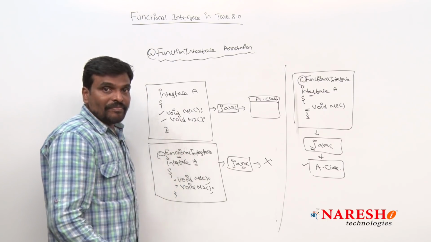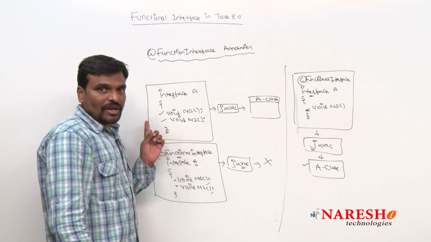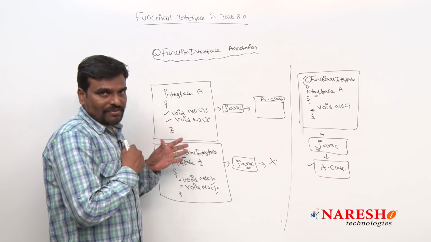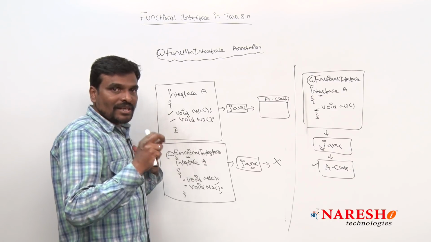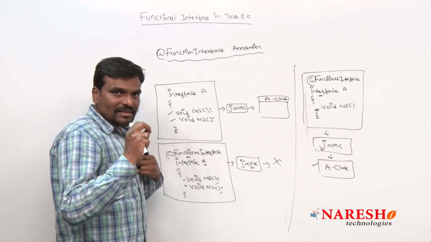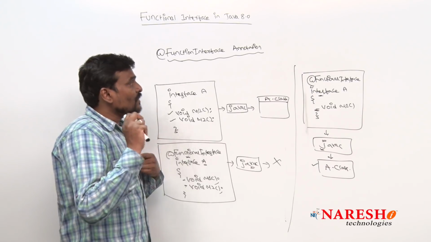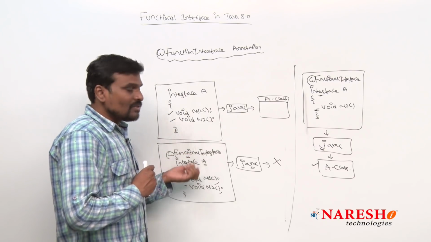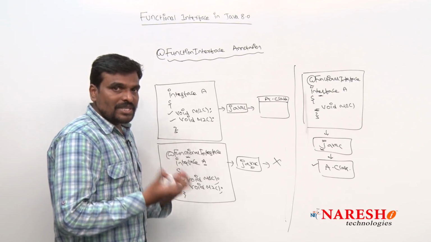Then next we will see what is the need of functional interface. Now we have seen what is a functional interface and how to create one. A functional interface is an interface which contains only one abstract method. In order to create a functional interface, you can use the annotation @FunctionalInterface, so that the compiler verifies that the interface must have only one abstract method.